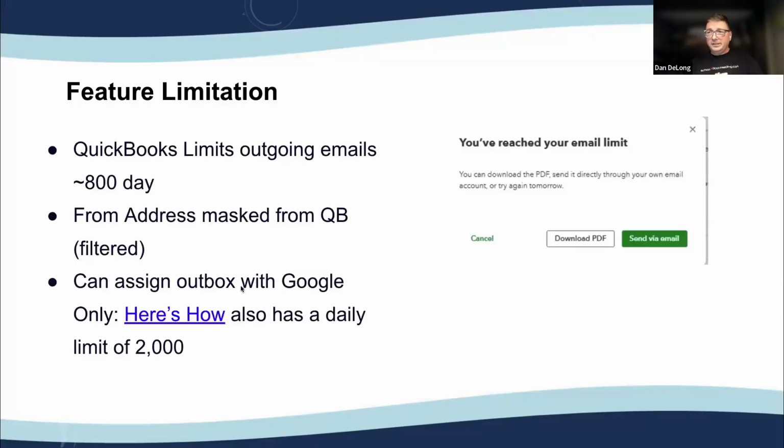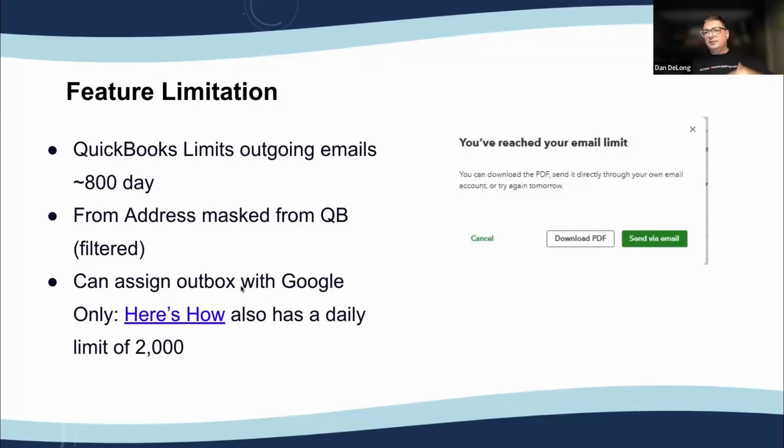In QuickBooks Online, there's always that from address that comes from QuickBooks. So when you email invoices or really anything out of QuickBooks, the default from address is notifications at quickbooks.intuit.com, and then it's pseudo-masked as your email address because it's with your contact information.